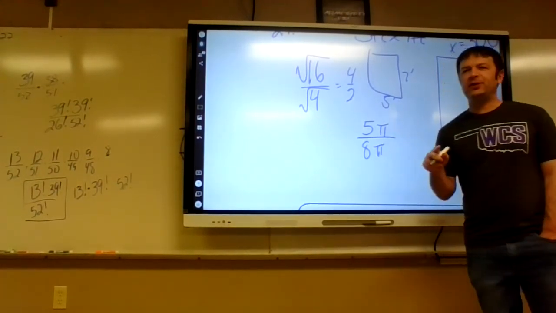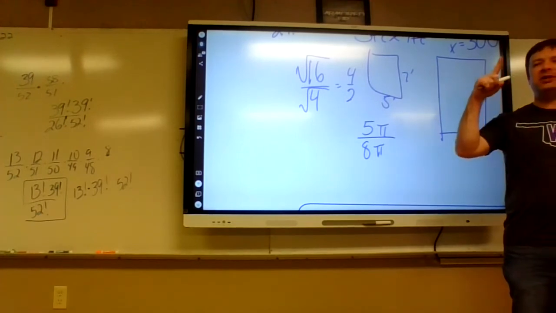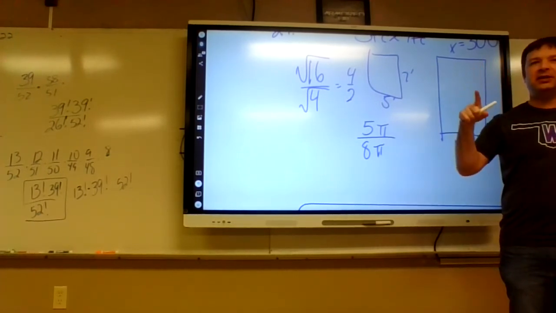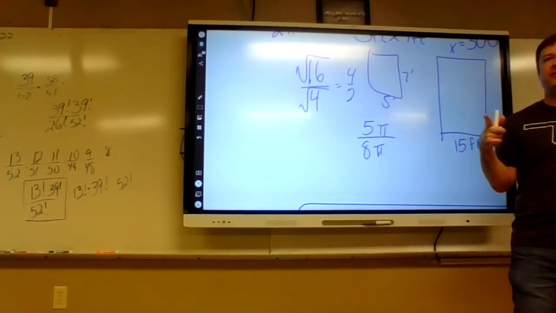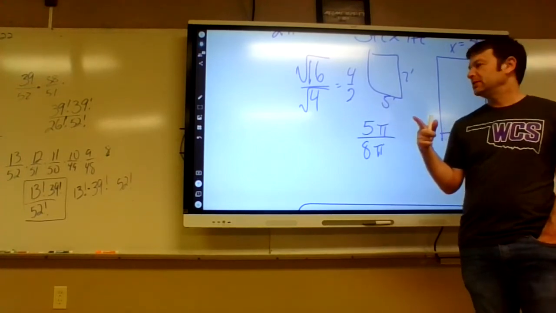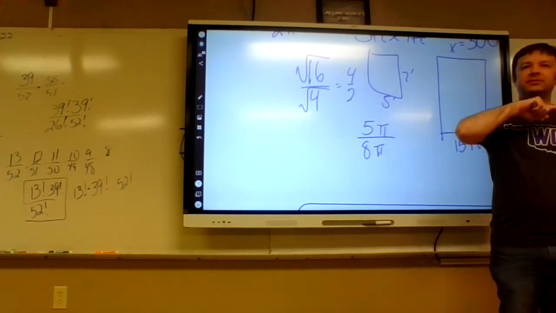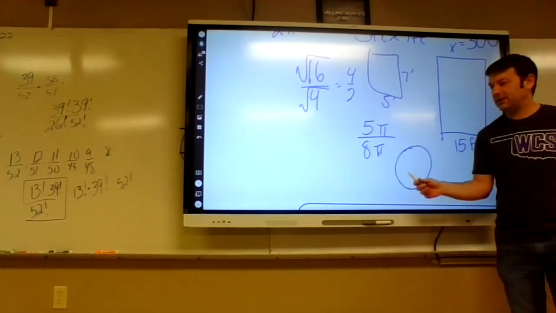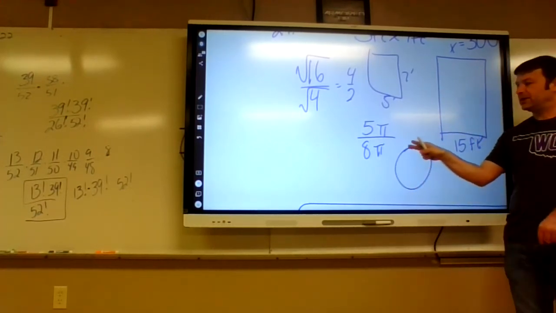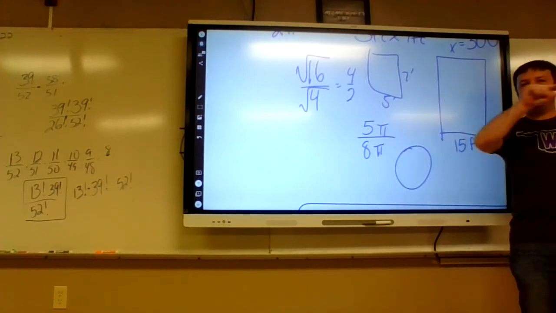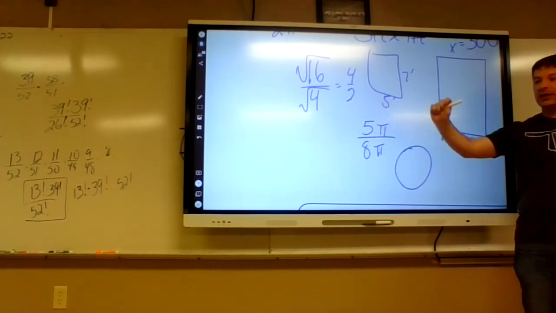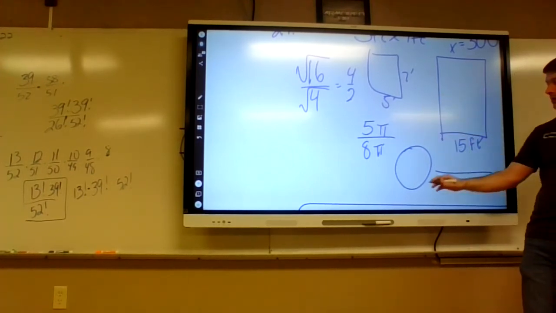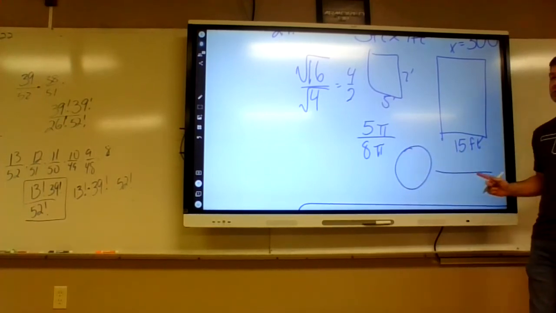Would a circumference be a length or an area or a volume? Circumference is a length. It's like cutting the circle, rolling it out, and then measuring how long it is. It's like a perimeter for a circle.